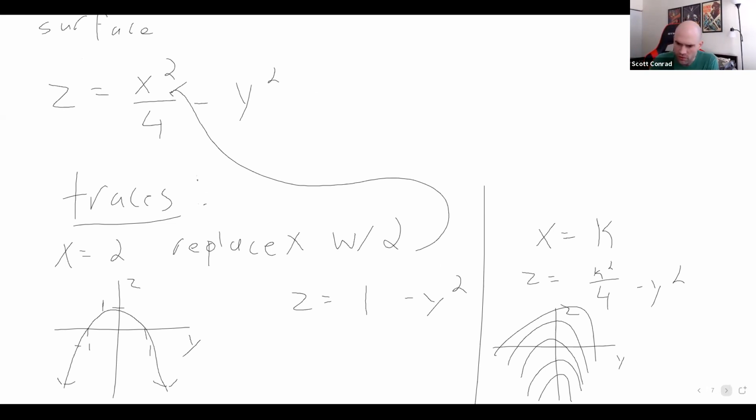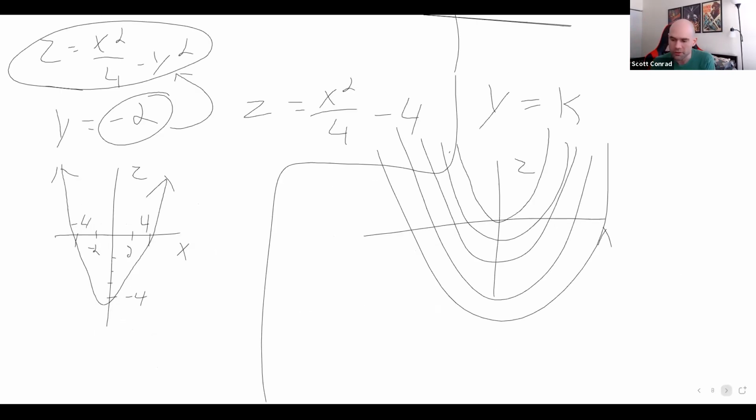Actually, this was kind of misleading here. It's going to be opening downwards. The z-intercept is going to be k squared over 4, right? So it's always going to be greater than or equal to 0. So those are our parabolas. And then similarly, when we intersect with y equals k, planes parallel to the xz axis, we also get parabolas, this time opening upward.